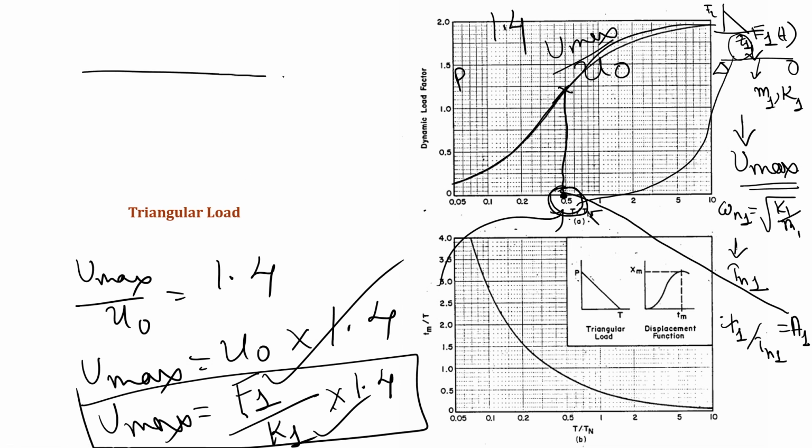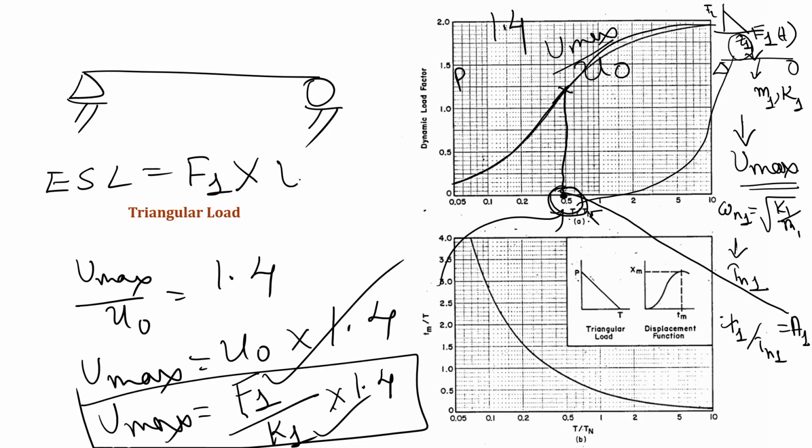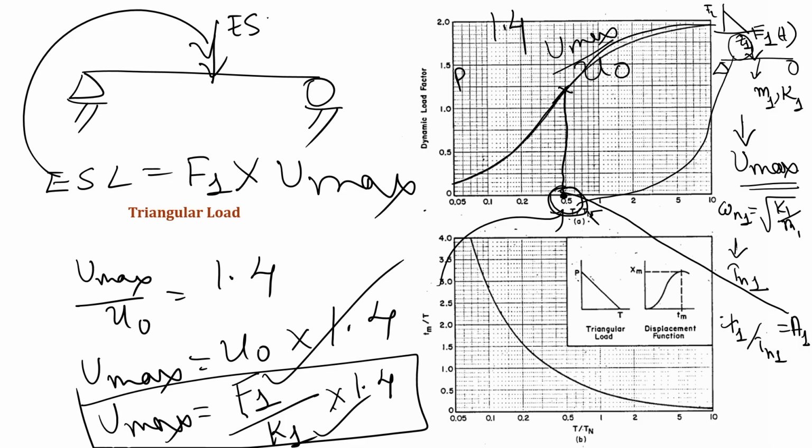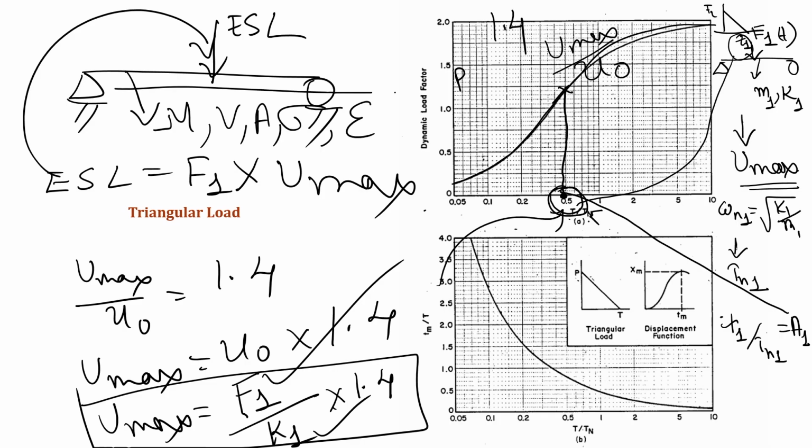Once I have the value of u max, I can take the same system. My equivalent static load becomes f1 times u max. So, this equivalent static load I can put here, and from there I can calculate my bending moment, shear force, axial force, stresses, strains, whatever is the requirement.